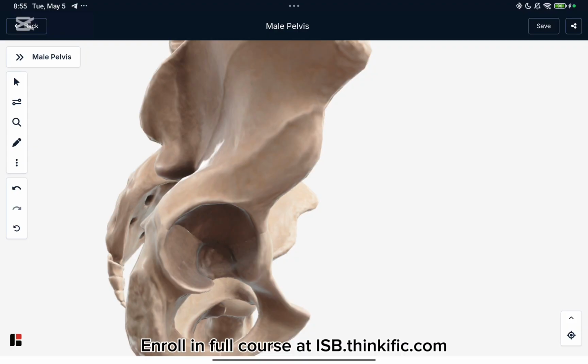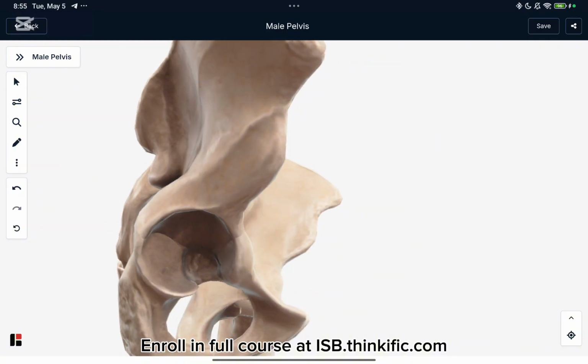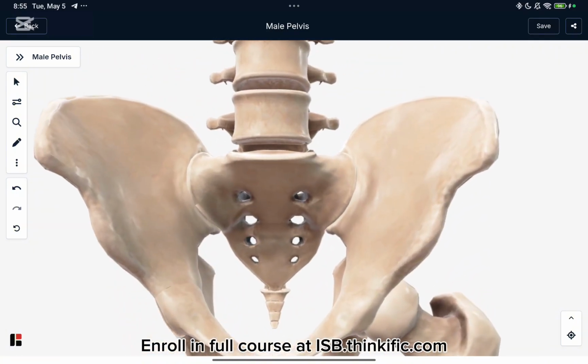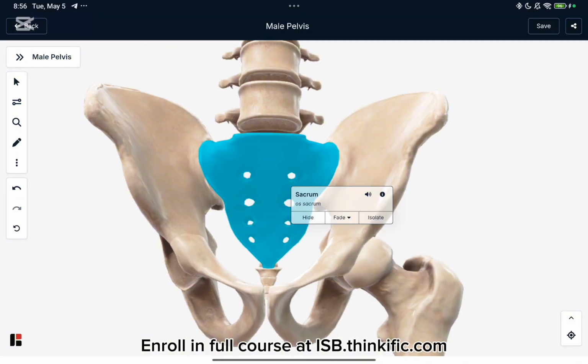So that's simply how the three portions join together. They join here: ilium, ischium, pubis. If we come to the front, we see how the two pubic bones join together in front at the symphysis pubis. And on the back, they are joined with the sacrum at the sacroiliac joints.